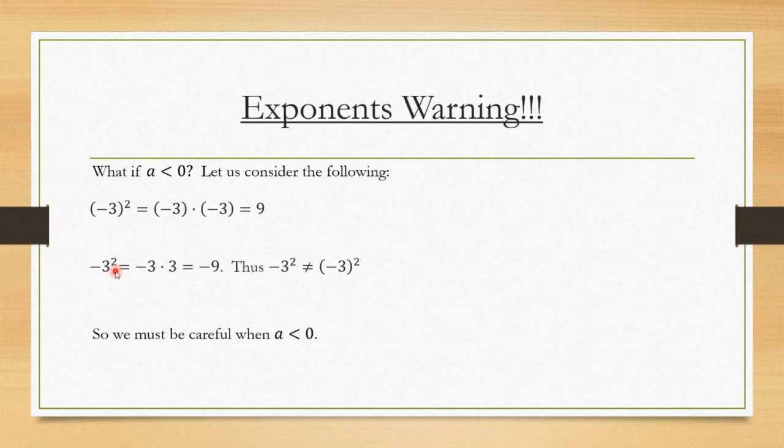-3 squared, though, here, this is -(3 times 3), which is -9. And that's not the same as this. So what am I getting at? These two are not equal, as I wrote here.